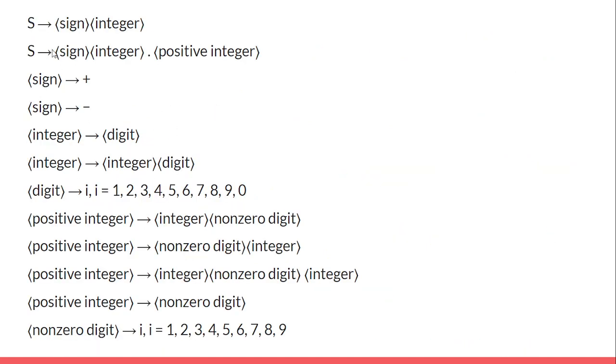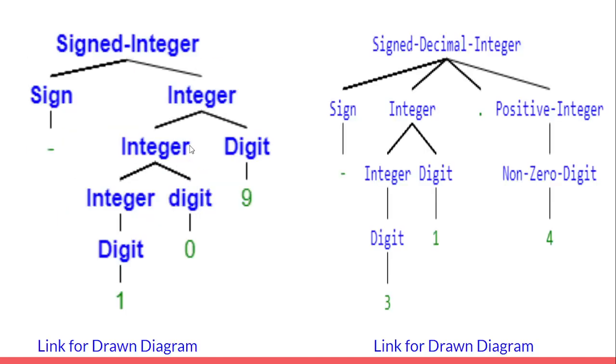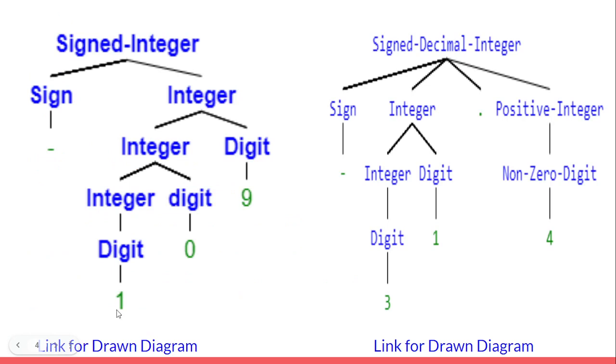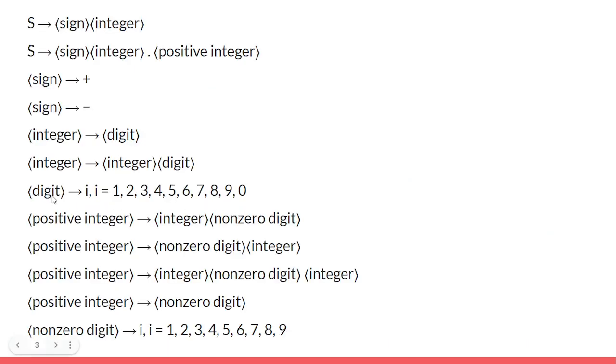Then by applying rule 6, I have replaced integer with integer digit, as I want more than one digit. So integer is replaced with integer digit, and again the same rule is applied, and integer is replaced with integer digit, and then integer is directly replaced with digit, and the digit is terminated with 1, and the next digit is replaced with 0, and the last digit is replaced with 9 by applying rule 7.